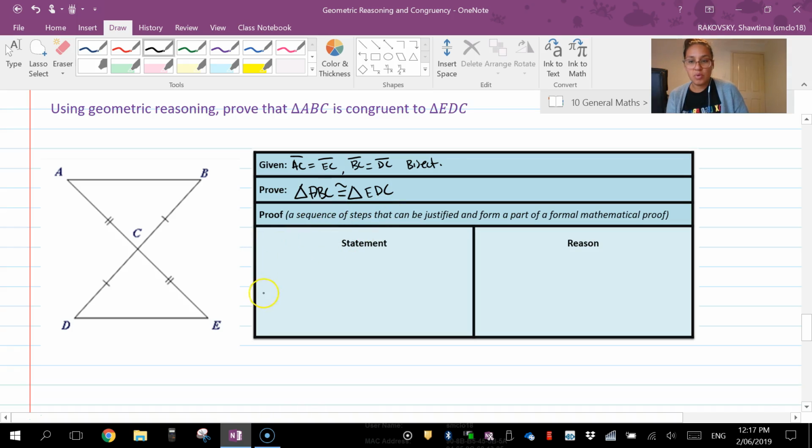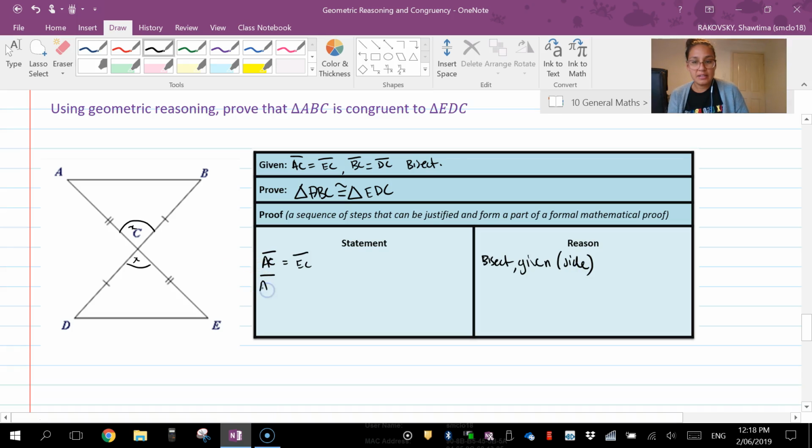And what we have here is a statement. Because these are straight lines and they are bisecting, we also know that this here is going to be vertically opposite, so that's going to be X. So you can have line AC equals line EC, and the reason is bisect given, and that's a side.